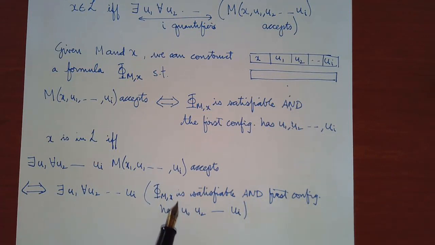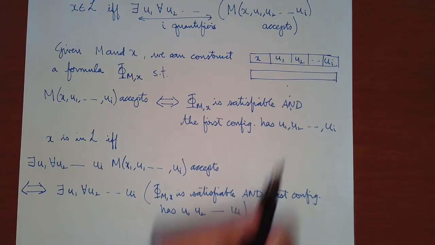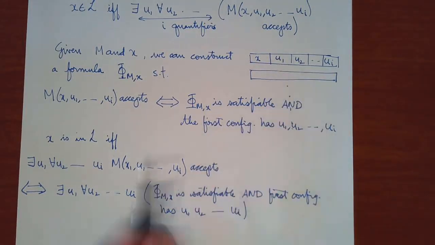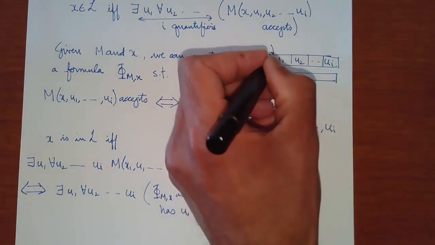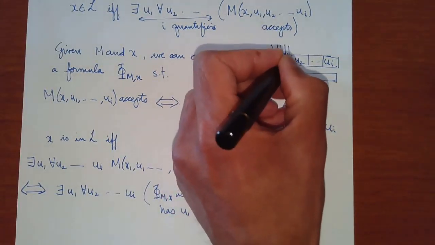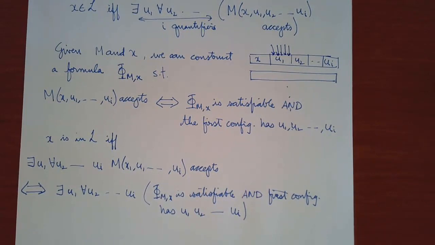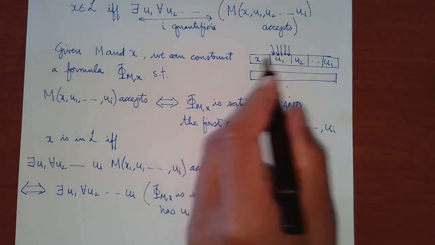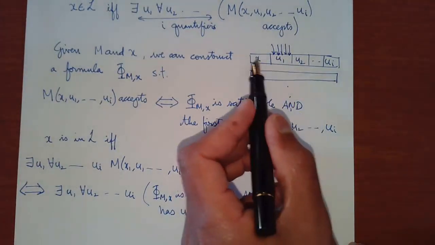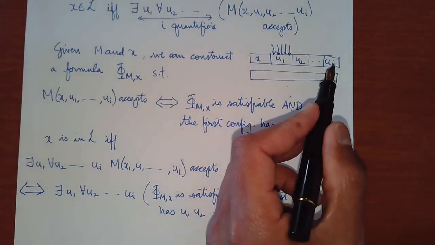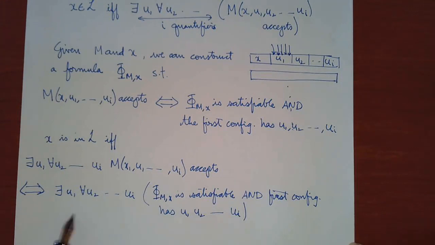Now the inputs to the formula can be thought of as simply u1 up to ui, because I'm basically feeding whatever inputs I get here to what's on the tape. Does that make sense? The variables of the first configuration are exactly these variables.